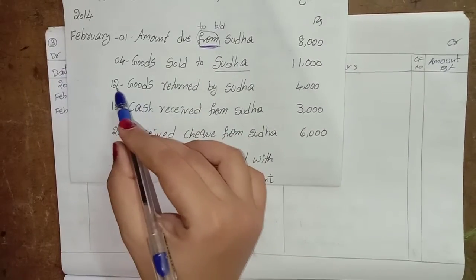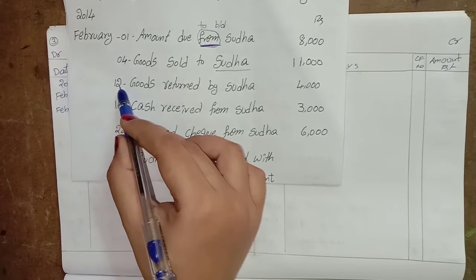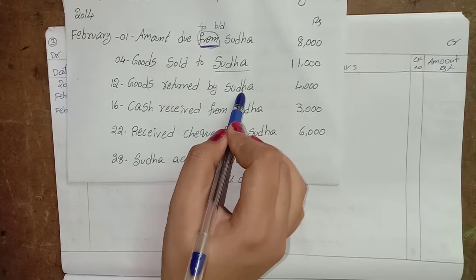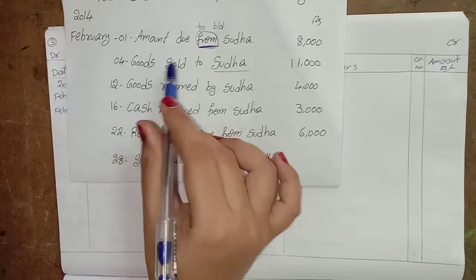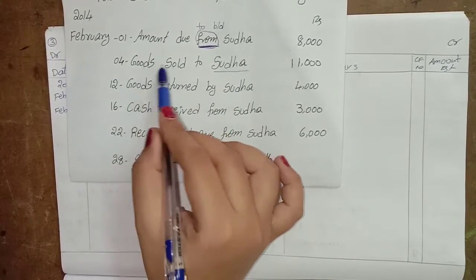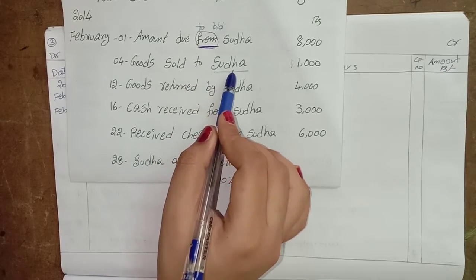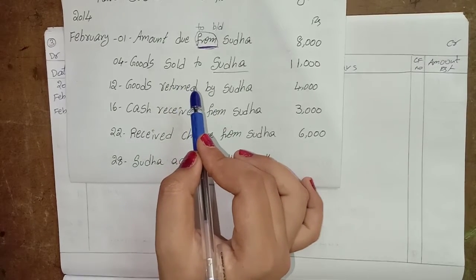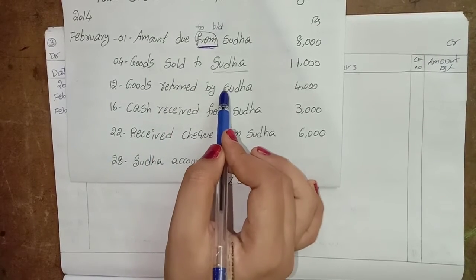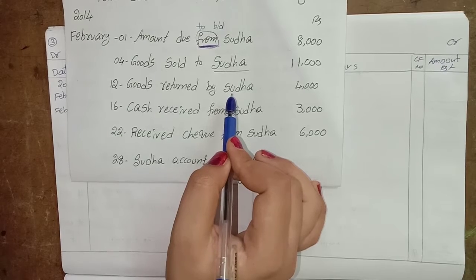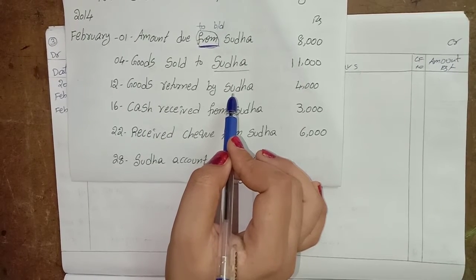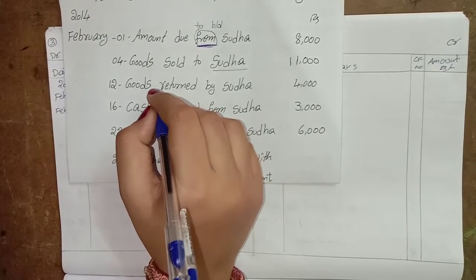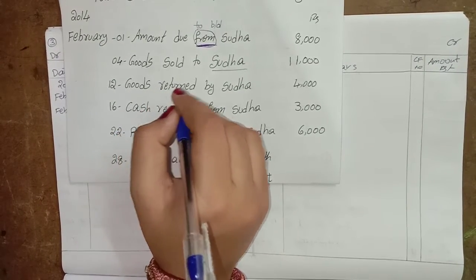And next transaction was held on February 12th. Goods returned by Sudha. That means here goods were sold to Sudha, and Sudha has returned those sold goods. That is sales returns. Sales returns account debtor to Sudha account.